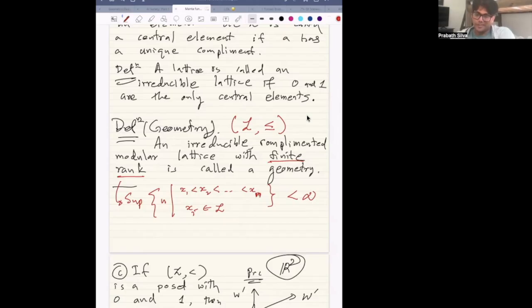Finite rank comes from this: you want to find a chain of proper subspaces inside the vector space, and if you have a chain, then you can pick an element from each subspace that's not in the previous one, and those form a linearly independent set. So the length of a chain is less than or equal to the dimension of the vector space. So if you consider L of V, where V is finite dimensional, that's an example of a geometry.